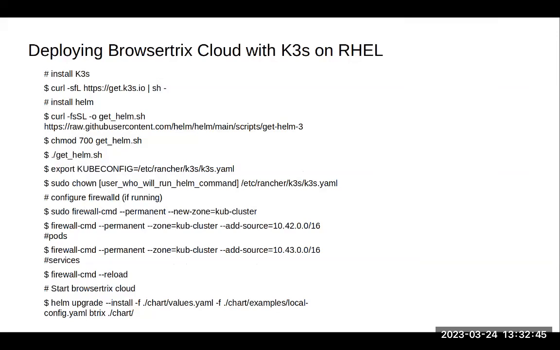It's pretty short. You get the K3s install script and the Helm package manager script, and install those, set your firewall rules, and then you can pretty much run Browsertrix Cloud with Helm, which will pull down the latest version of Browsertrix Cloud and install it.